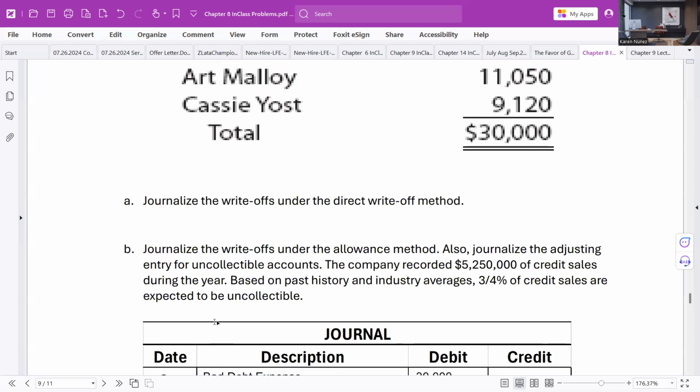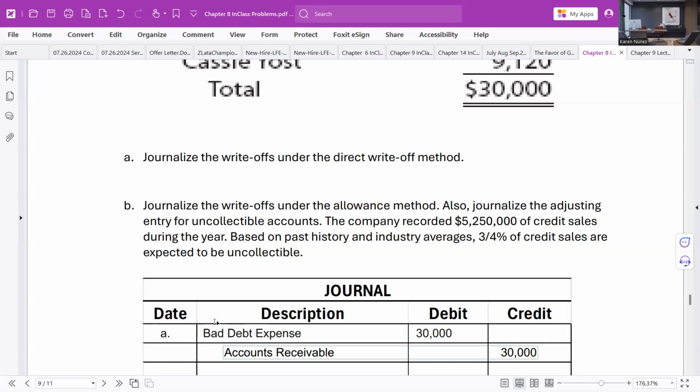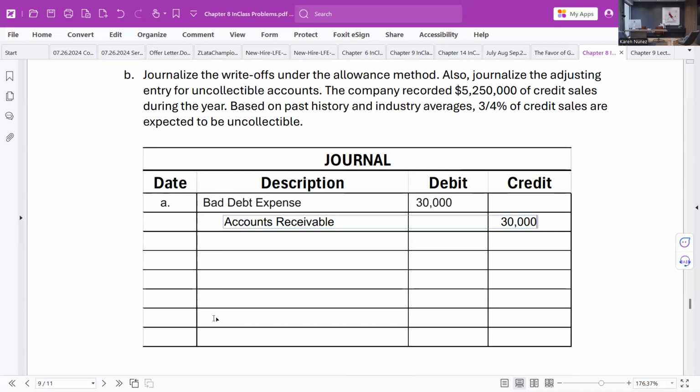But when we use the allowance method, well, we don't recognize an expense. We just charge it off against the allowance account. So in Part B, what we want to do now is write off against the allowance for doubtful accounts.